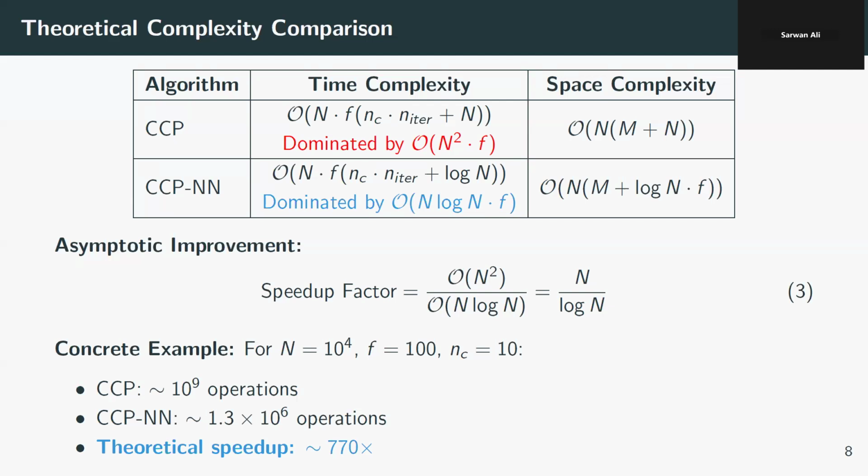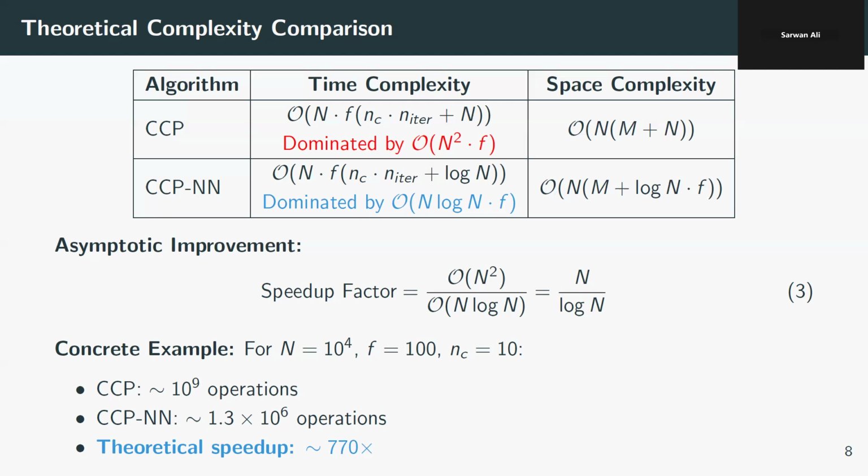For our nearest neighbor variant, CCP-NN, it reduces this to n times f, and again n_c times the number of iterations plus log n, which is dominated by the n log n times f. The space complexity becomes n times m plus n log n times f. The asymptotic improvement gives us a speedup factor of n over log n.